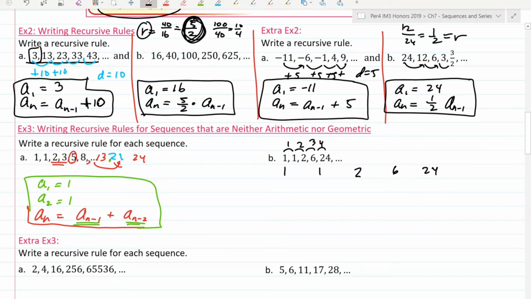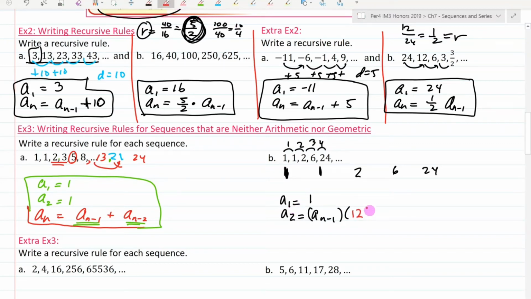So you could say that this is the previous term. So a1 equals 1. So a2 is equal to the previous term times 1, but I'm just going to put the number 1 here for right now.